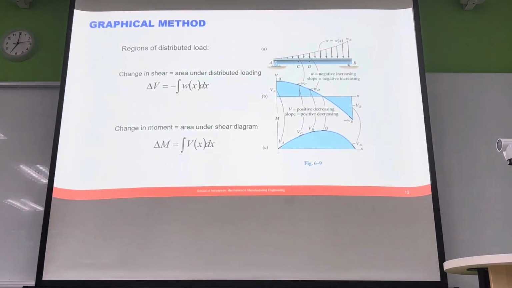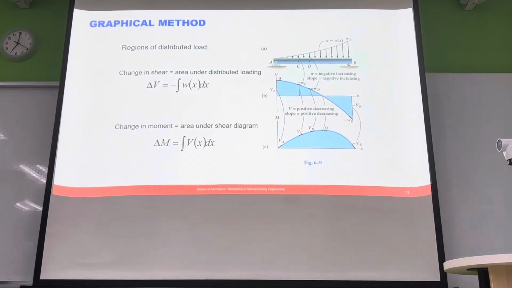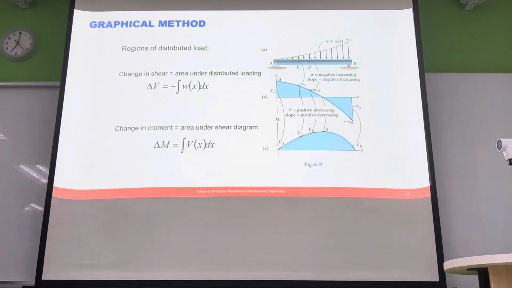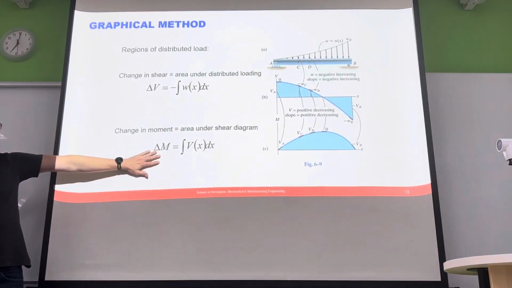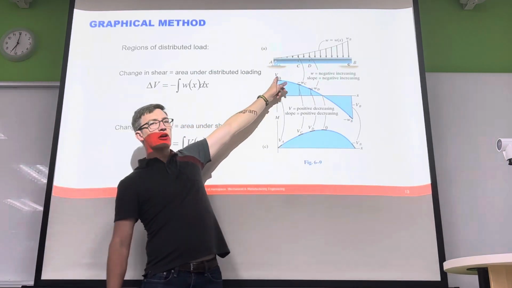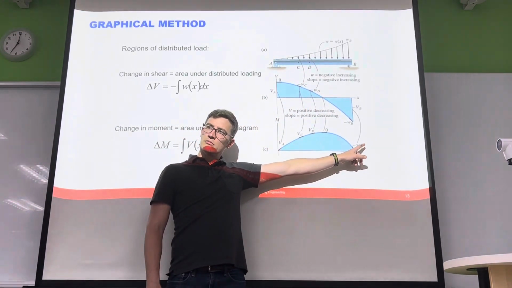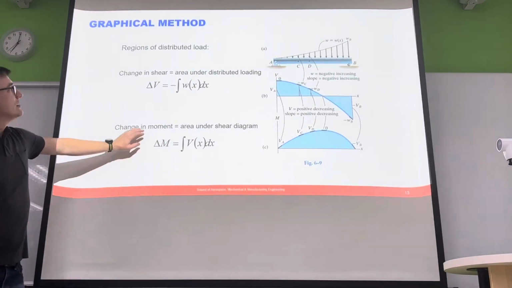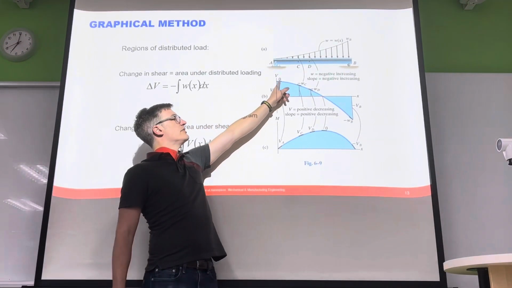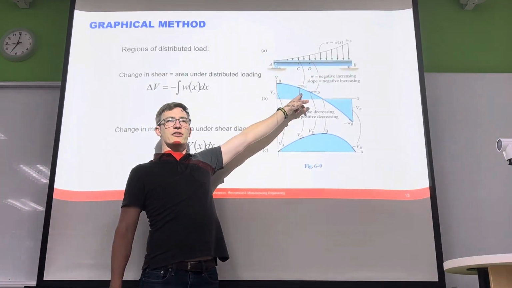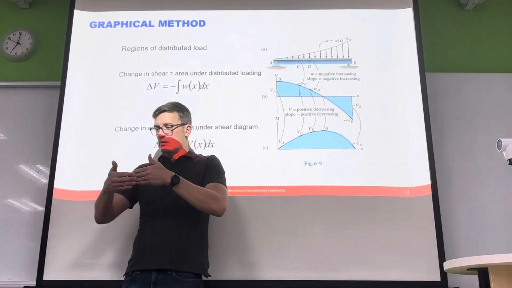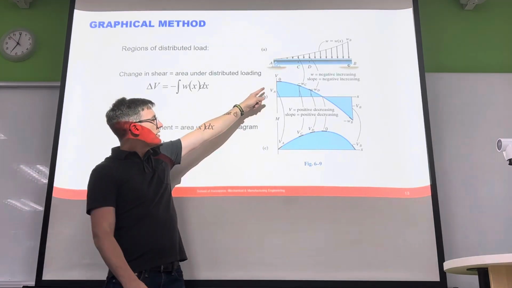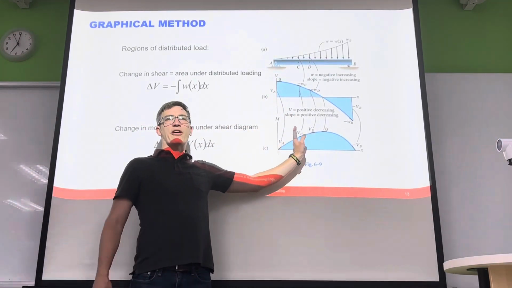One thing I did want to say is there is always a relationship between the internal shear force and the internal bending moment, and that's really codified by this thing here. So if you have the shear force diagram, one thing to note is that if I start adding up the area underneath that shear force diagram, at least in one continuous area, that's going to give me the value of the moment.